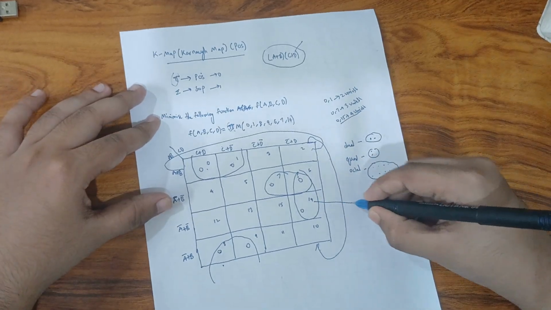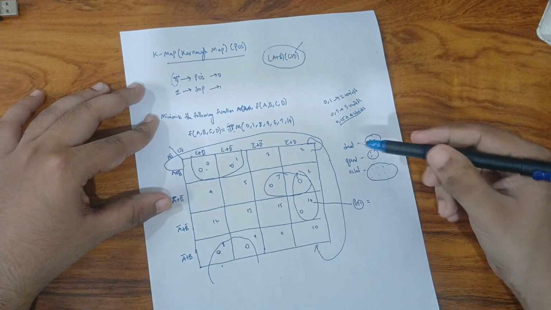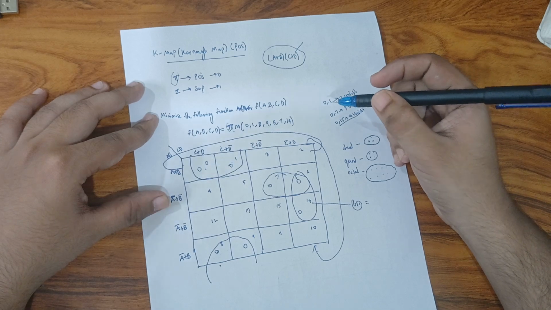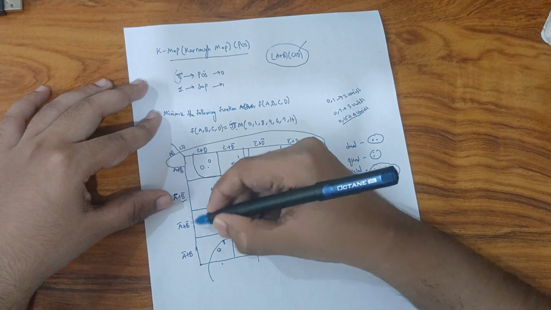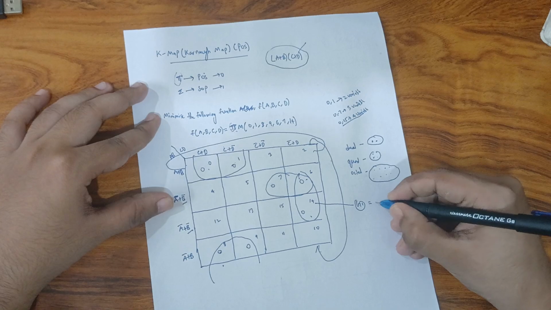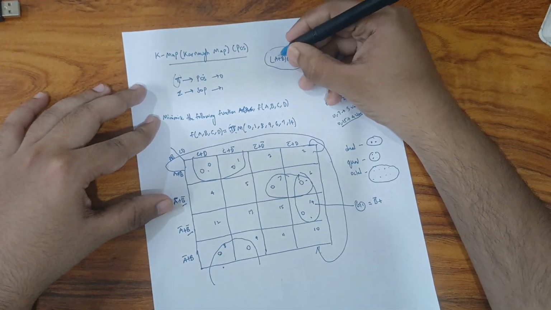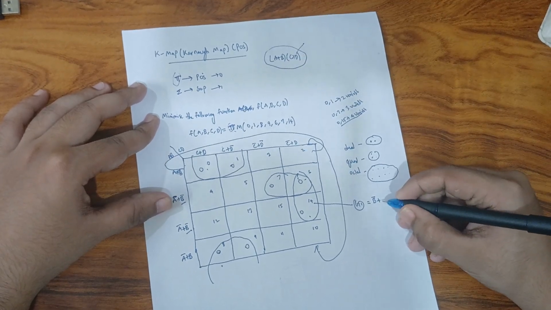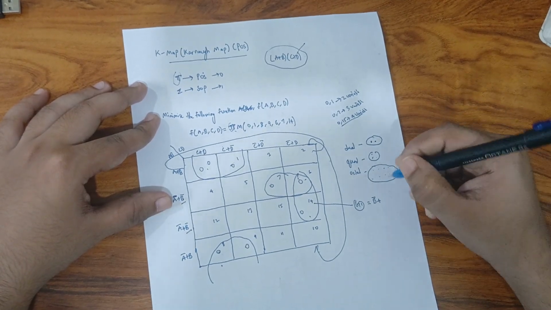So let us consider this grouping first. Consider G1, and what we essentially have here is we need to look at the common terms. Looking at the variables in here, both of these have b bar in common, so write b bar plus, remember POS is of this form, so we need to put plus between each POS variable.